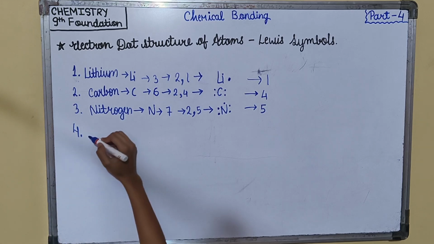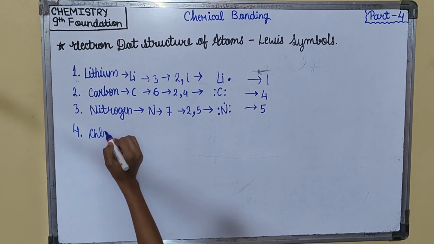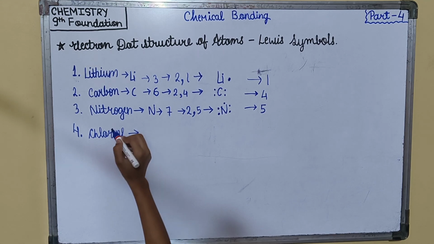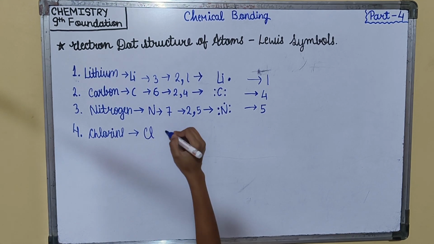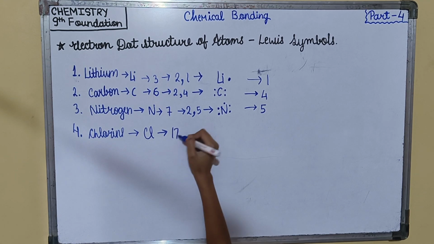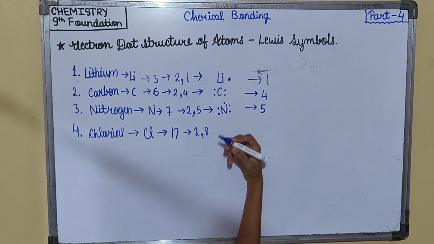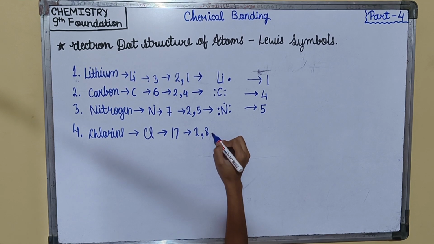Fourth one is chlorine. These are a few examples to understand. Chlorine can be written as Cl. Its atomic number is 17. Its electronic configuration is 2, 8, 7.